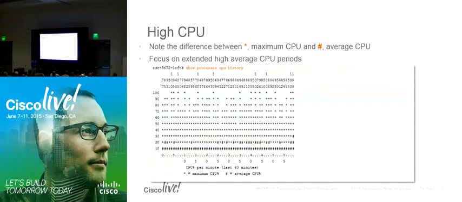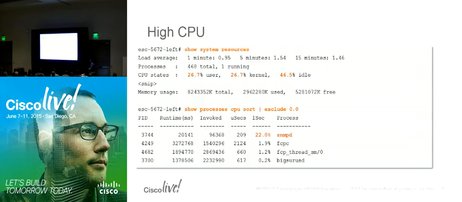Some customers do this via SNMP; try to poll for a 5-minute average rather than a 5-second average because you get a better graph. When troubleshooting high CPU, you can use show system resources and show process cpu sort, which sorts from highest to lowest. Like here, 22% was high in my SNMP.